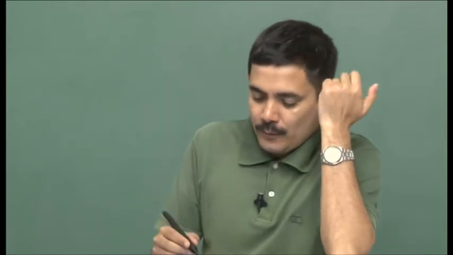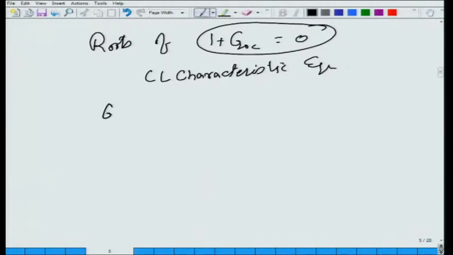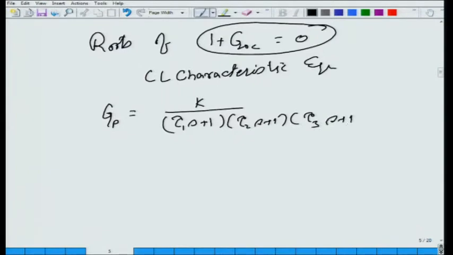Well, if you have a system which has got no dead time and which is representable by rational transfer functions, for example, g process may be a second order or maybe a third order overdamped system, 1 over (tau 1 s plus 1)(tau 2 s plus 1)(tau 3 s plus 1), that is a third order lag, and let us say you have got a PI controller.